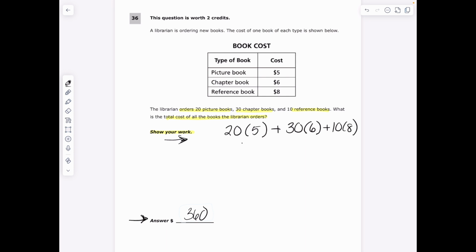So now I can add them up. 100, 30 times 6. So 3 times 6 is 18 plus a 0. And 10 times 8 is 80. Now I just got to add these up. I'm going to stack them. And I get $360. All right, so you can jot this one down into your notes as well. Give yourself 1 point if you got 360 and another point if your work shows how you got the 360.